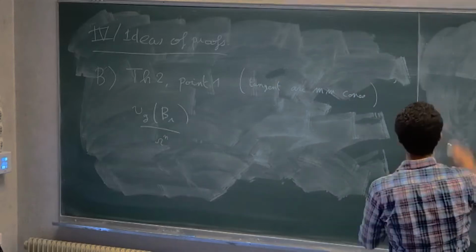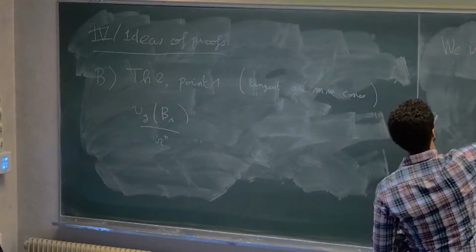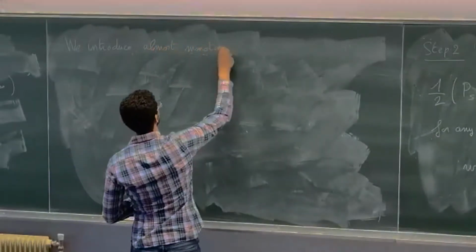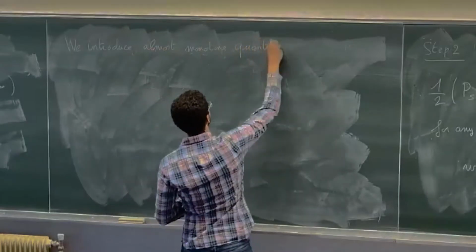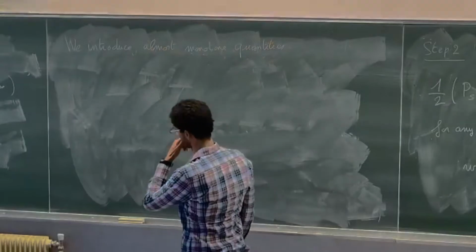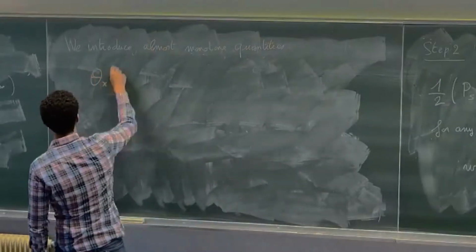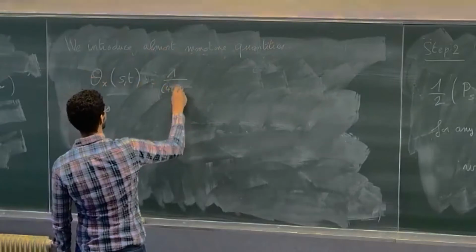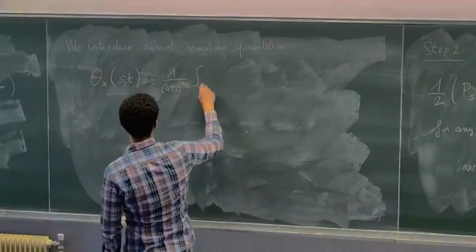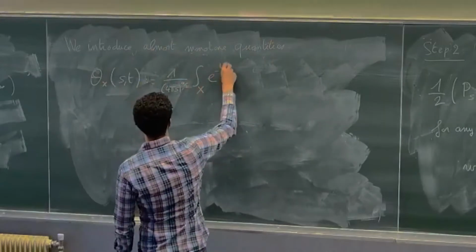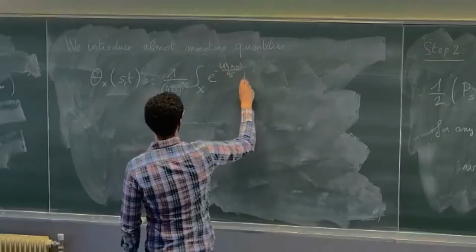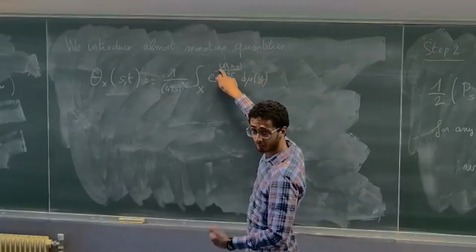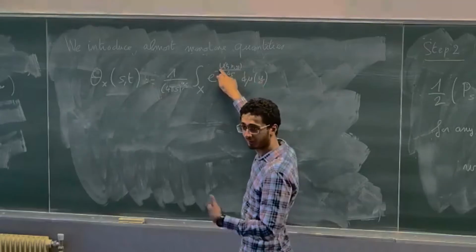So let me write here the quantities that we use for this. So we introduce a quantity theta_x(s,t) as follows: 1 over (4 pi s)^(n/2) times the integral over X of exponential of minus u_t(x,y) over 4s, d mu(y), where this function u is defined through a formula involving the heat kernel.